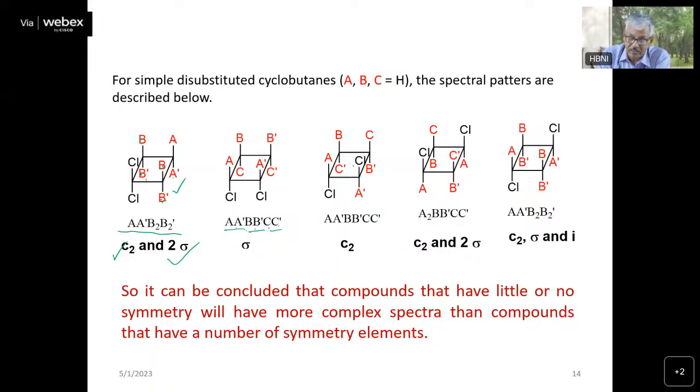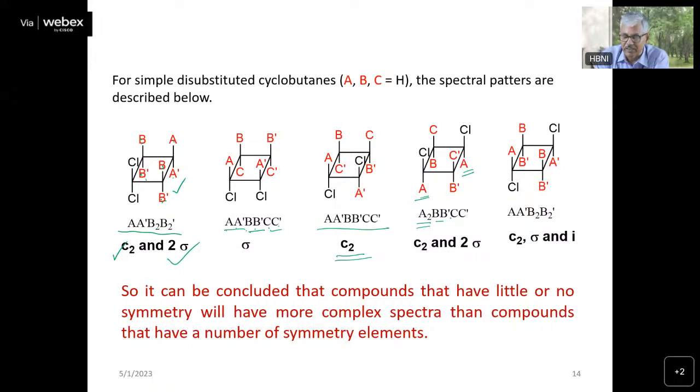Similarly, if you consider the trans-1,2 dichlorocyclobutane, again you will see a very similar system, because the molecule has only a C2 axis of symmetry. Now, if you take the cis-1,3 dichlorocyclobutane, you will see that these two hydrogens are equivalent, both chemically equivalent as well as magnetically equivalent.